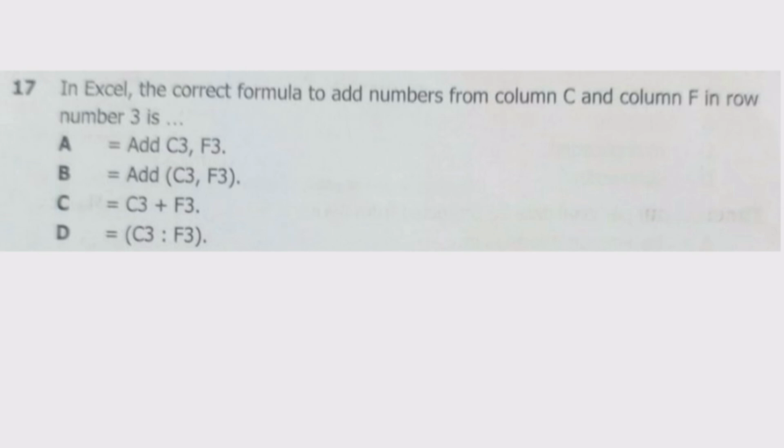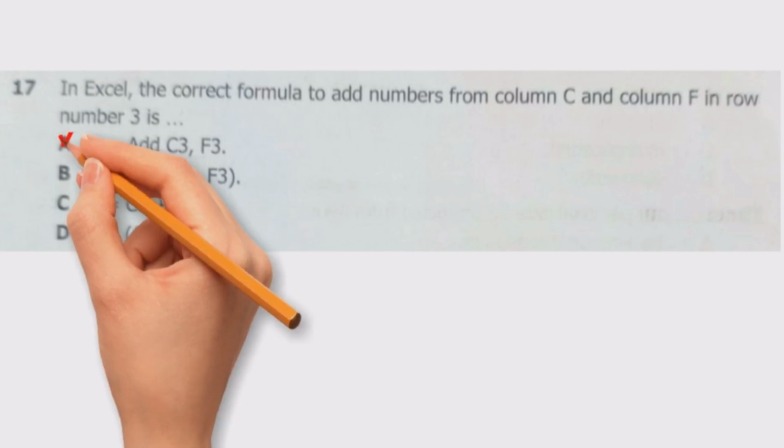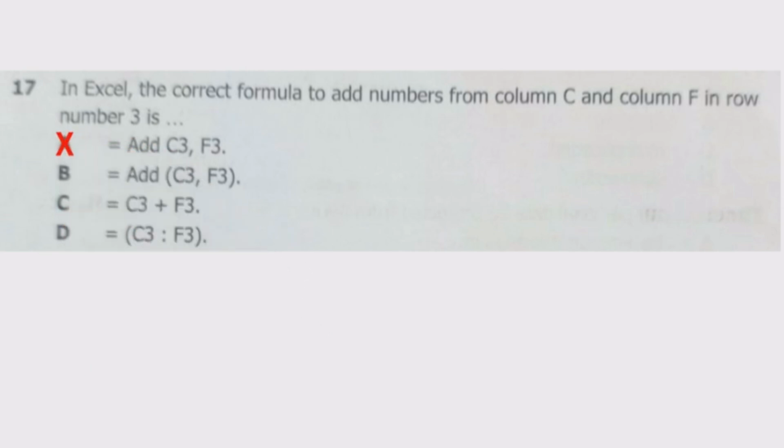B, equal ADD open bracket C3 comma F3 close bracket. C, equal C3 plus F3. D, equal C open bracket C3 colon F3 close bracket. So the correct answer is C, which is equal C3 plus F3.